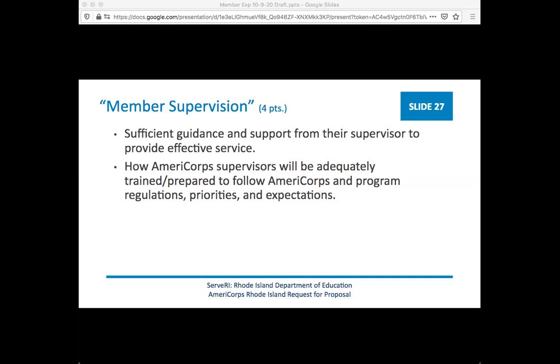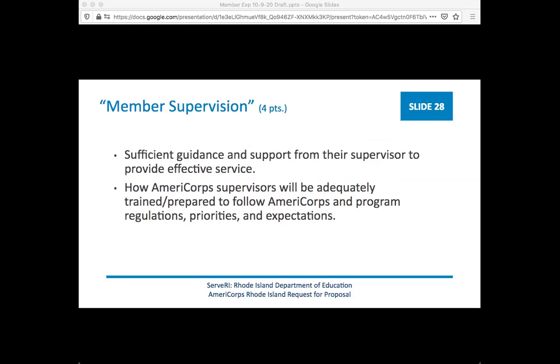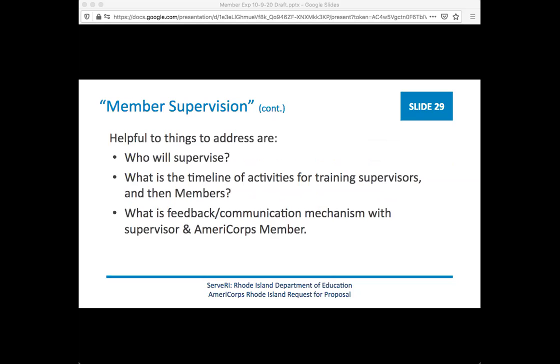Because again, AmeriCorps is a little bit different beast. It's not just a volunteer, it's not just an intern, it's not a standard employee. So sort of backing out what those pieces are. Helpful things to address are: who will supervise your members? Is it someone at the site?